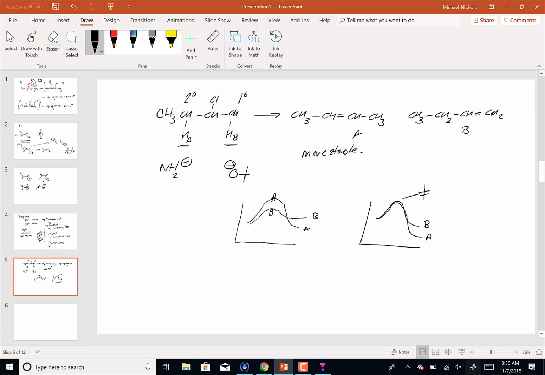So this would be sort of the diagram of a small base, and this would be the diagram of a sterically hindered base. So what that means is that if you want to form B, use Tert-Butoxide. If you want to form A, use NH2 minus.